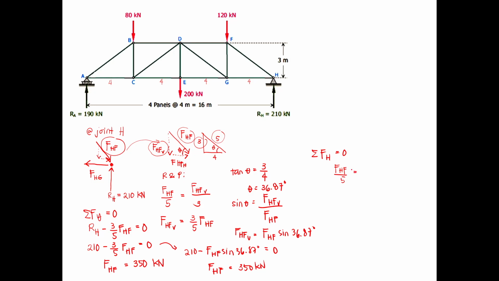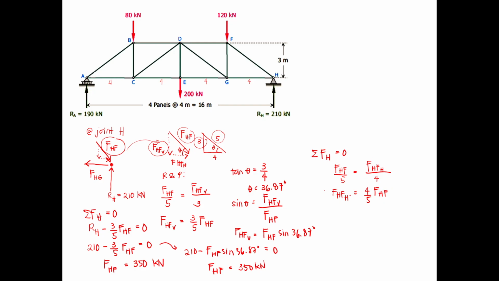So you always refer to the hypotenuse. And then FHF horizontal all over 4. So this will give you force HF horizontal is equal to 4/5 of the force HF.